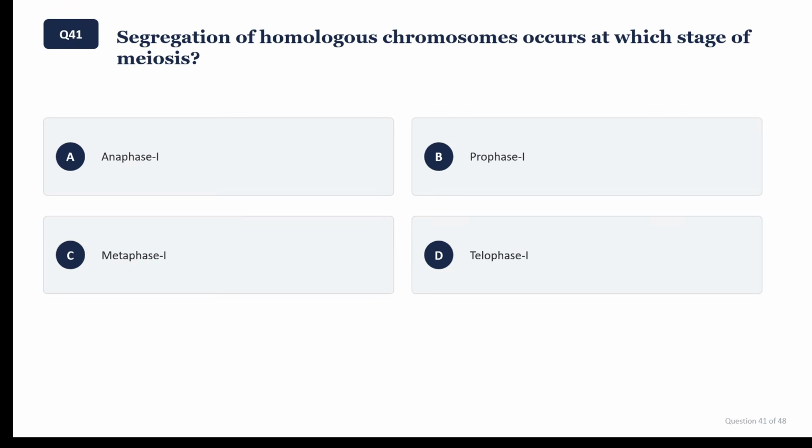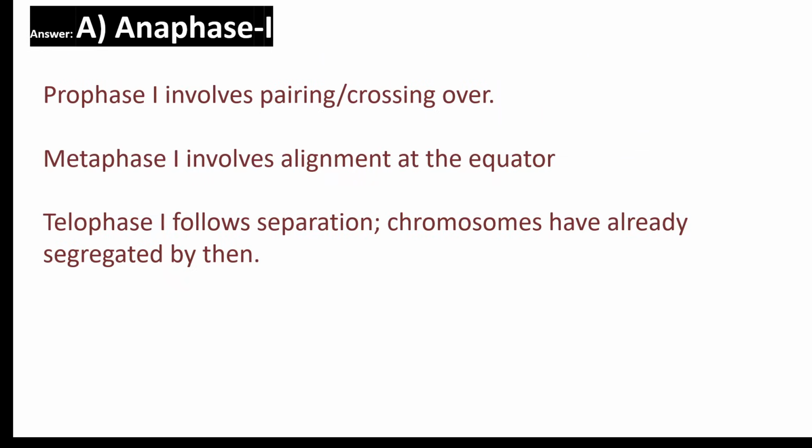Then segregation of homologous chromosomes occurs at which stage of meiosis? I think anaphase I. Prophase I involves pairing or crossing over. Metaphase involves alignment at the equator. Telophase follows separation; chromosomes have already segregated by then.